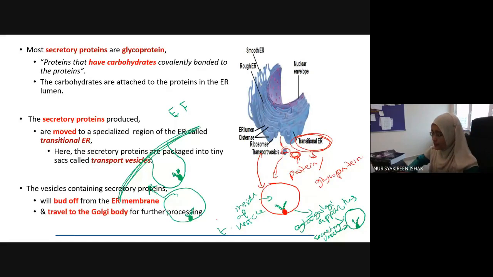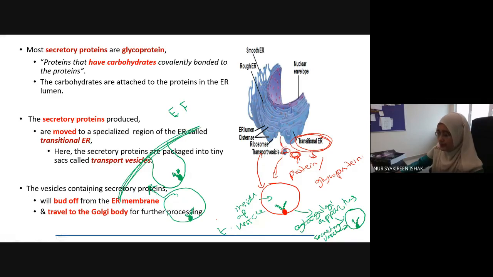Okay. So initially the glycoprotein was inside of the cell. It was inside of the secretory vesicle. But when the secretory vesicle fuses with the plasma membrane, the glycoprotein will face the extracellular fluid. Okay, it is embedded in the plasma membrane but facing the extracellular fluid side.